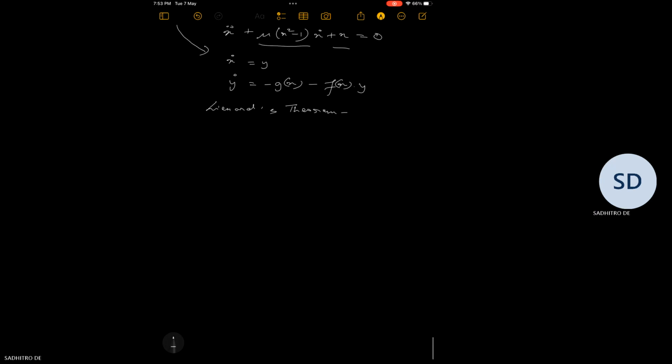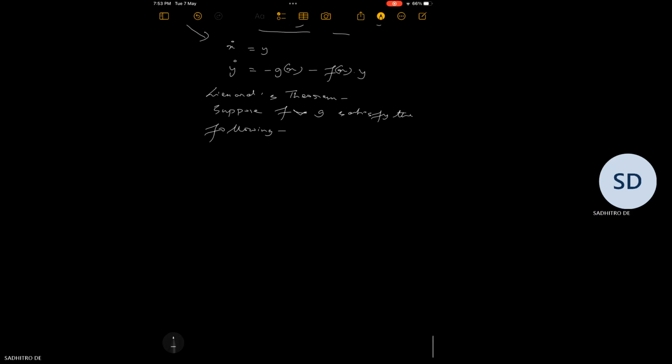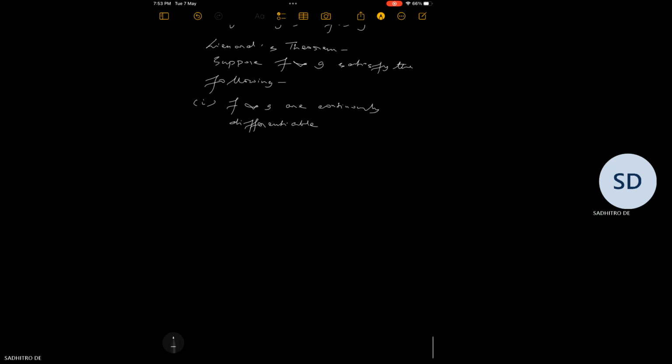Suppose f and g satisfy the following. One, f and g are continuously differentiable for all x.